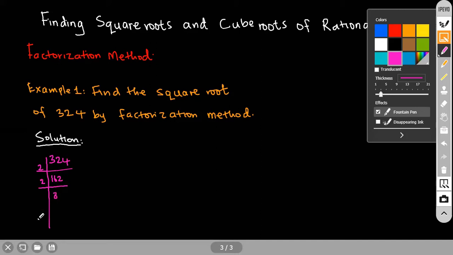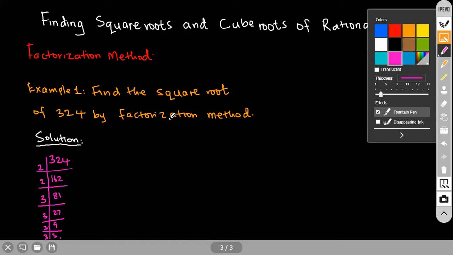We get 81. So we cannot divide 81 by 2, but we can divide it by 3. So we divide it by 3, we get 27. And we divide 27 by 3 to get 9. And we divide 9 by 3 to get 3, and 3 by 3 to come up with 1.